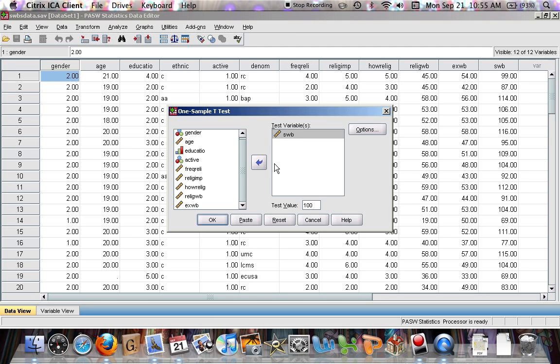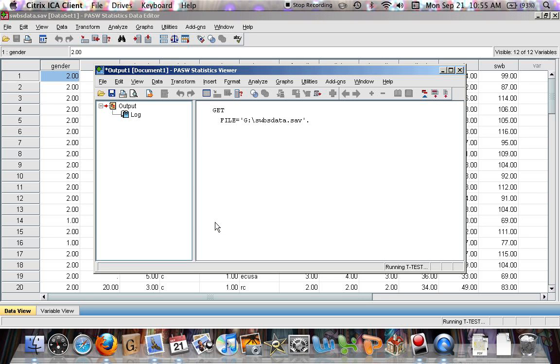And so we're looking to see if the mean level here is likely to indicate that this sample, the population from which it's derived, the mean there is different than the 100, which is the mean everywhere. Test in the value there and type OK.